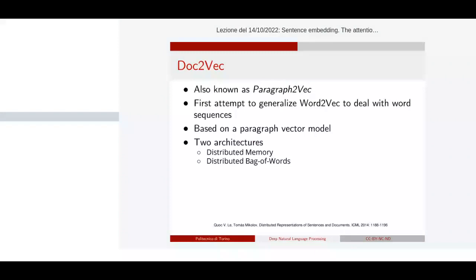Let's start from the very first solution, the first attempt to generalize Word2Vec. It is called Doc2Vec. In some cases, you will find this approach under an alternative name, Paragraph2Vec, but the idea is the same. We are representing in a fixed size, high-dimensional vector not only the single word, but the entire sentence or paragraph.